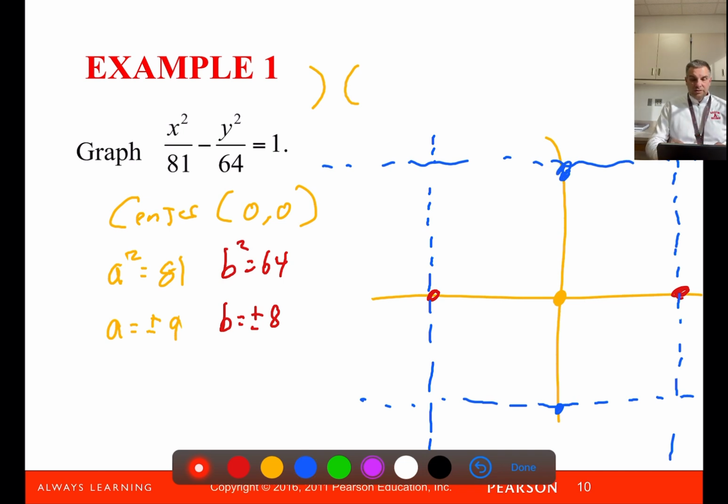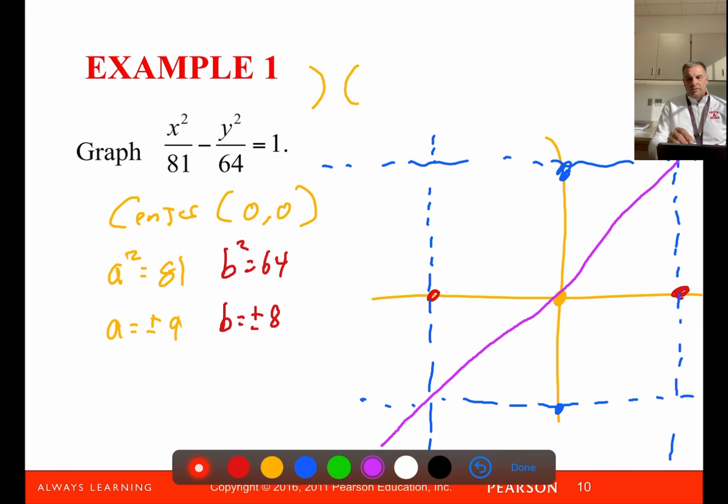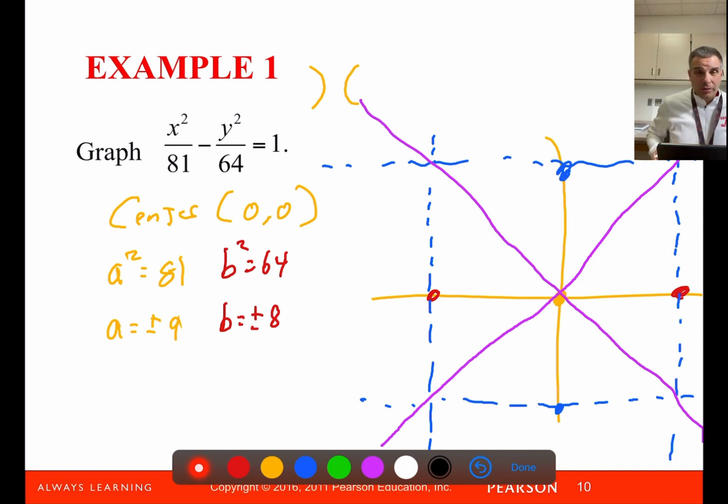And then you're going to draw a diagonal line that goes from corner through center through corner, corner through center through corner. Now, I haven't drawn this very well, so I apologize for that because it's going to go off the page. But those are what are called your asymptote lines.